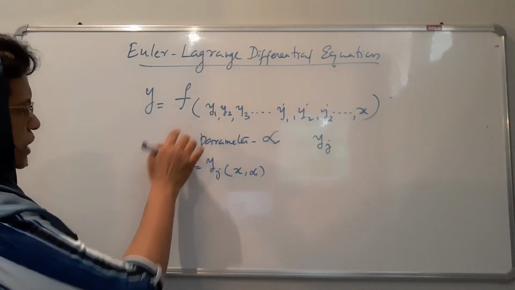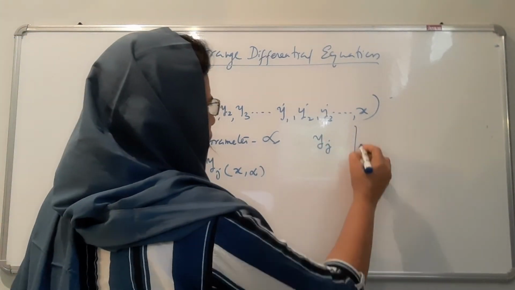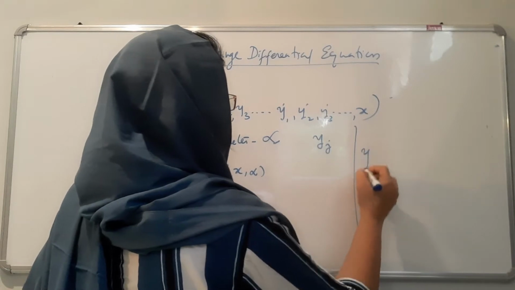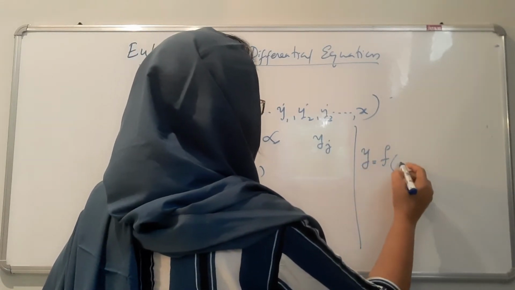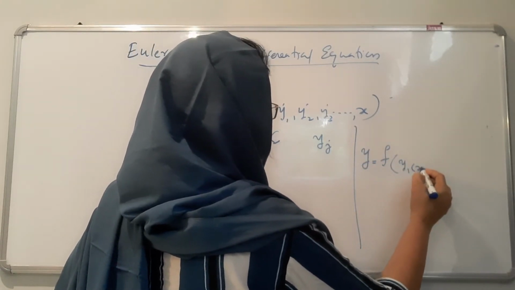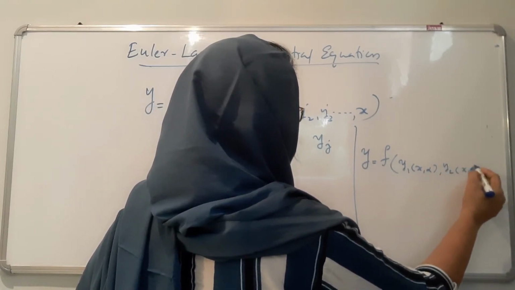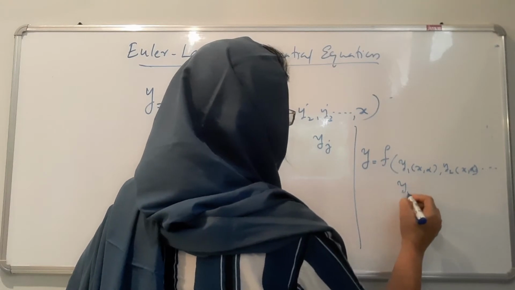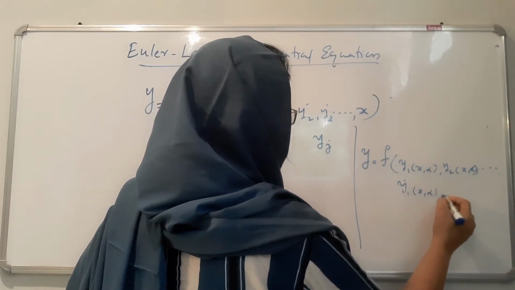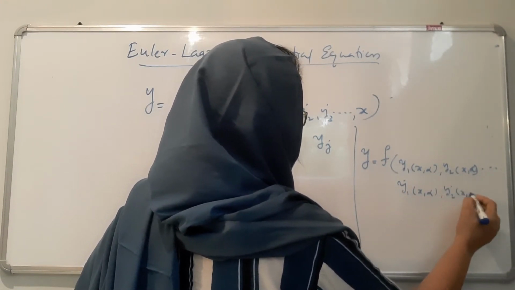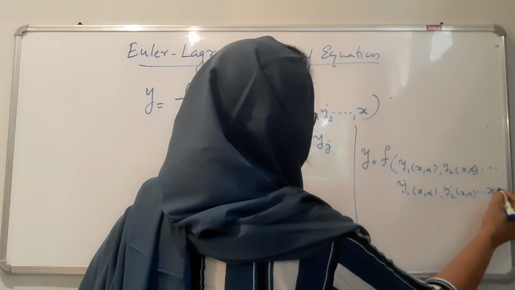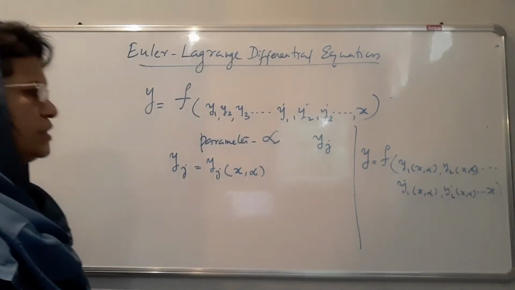This equation actually is y equal to a function of y1 of x comma alpha, y2 of x comma alpha, etc., y1 dot of x comma alpha, y2 dot of x comma alpha, etc., and x. This is the actual equation.